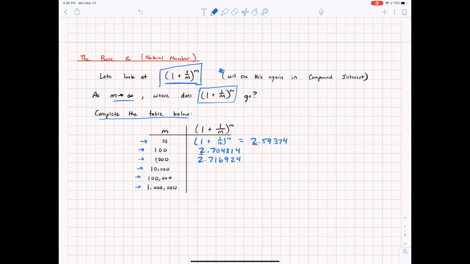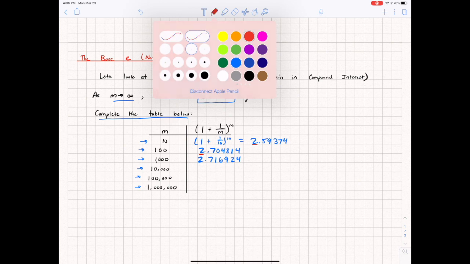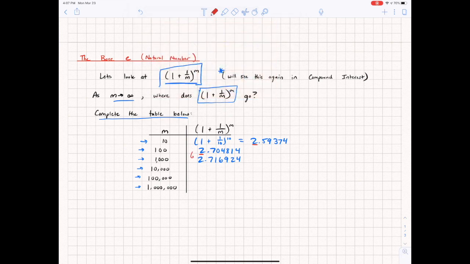Notice going into 1,000, if I compare these values, they both have 2.7 in common. We've gone from 2.593 blah, blah, blah to 2.704, so they have the first 2 in common. The next answer was 2.716 blah, blah, blah, so 2.7 is in common. If I go to 10,000, my expectation is that I'm going to get another digit fixed.